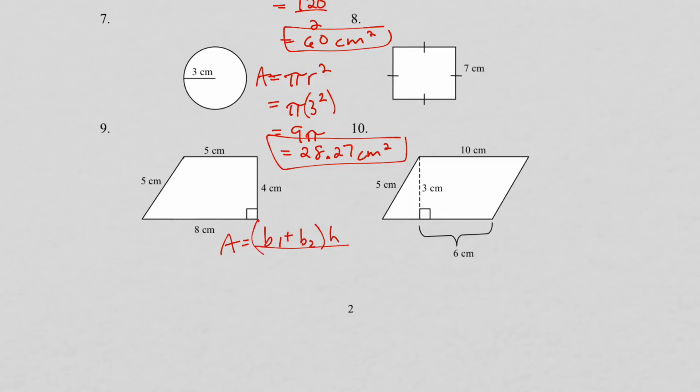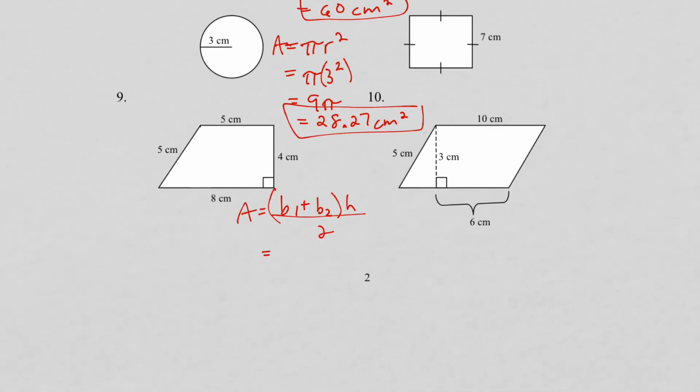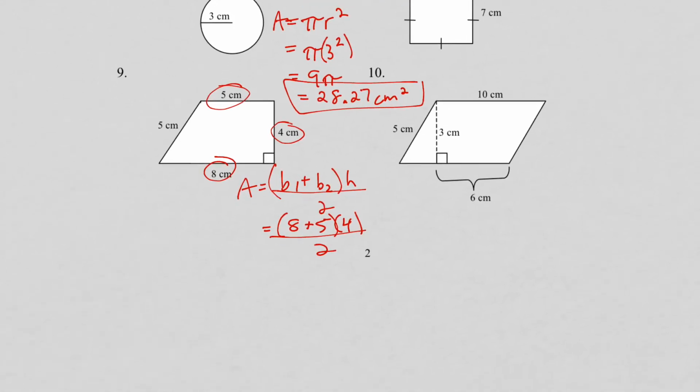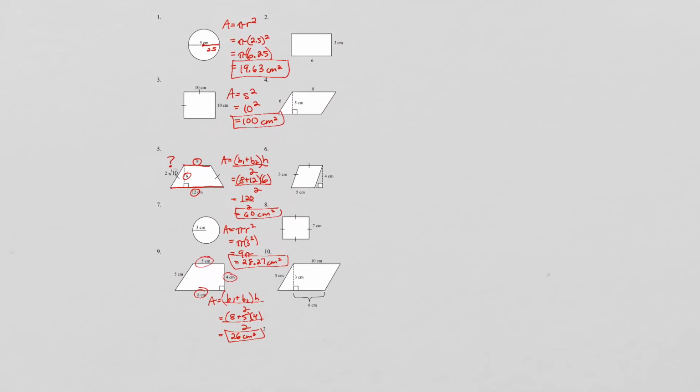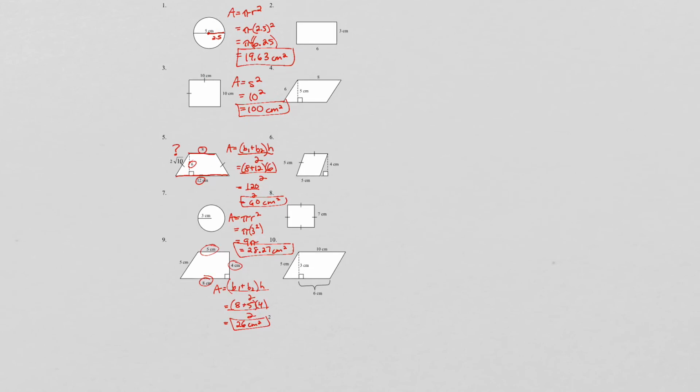So 8 plus 5 times the height, cut that in half. So that's going to be 13 times 4 divided by 2, so that's going to be 26 centimeters squared. All right, so those are some applications of simple formulas, and now let's do a little bit more application with more complex figures.